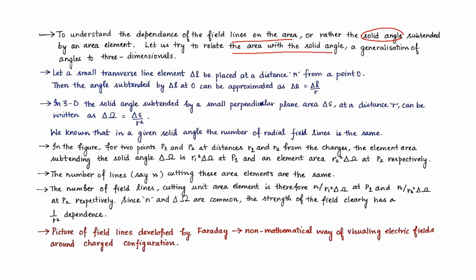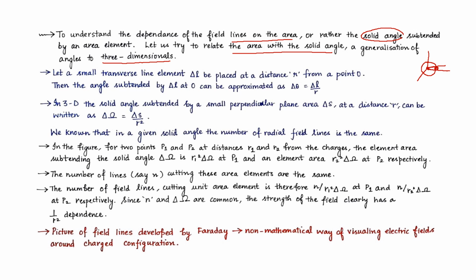A generalization of angles to three dimensions. See, X, Y and Z. There are three dimensions, and in this three-dimensional space I have a sphere with its center at the origin. Now you have to visualize it. I cannot draw it in a plane of paper, but you have to visualize a conical angle coming out of here. This is a cone shape.